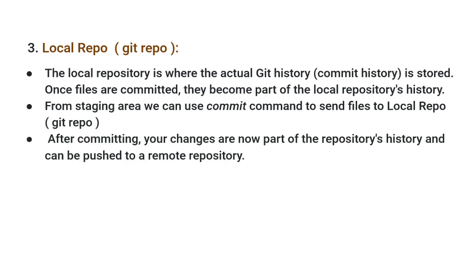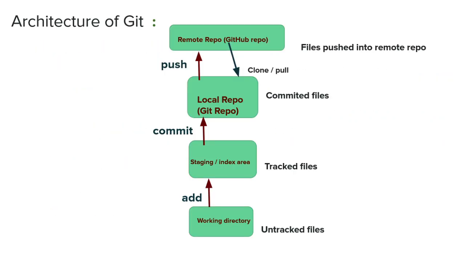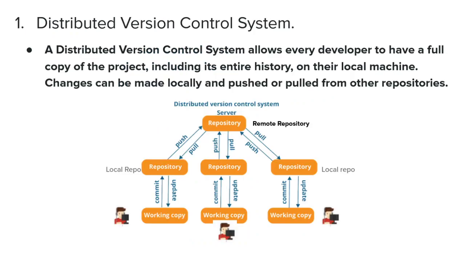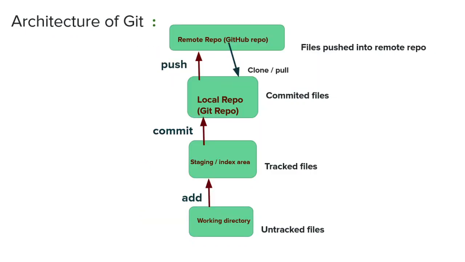We have seen the overall architecture of Git and GitHub, that is, the remote repository, and the working directory, staging area and local repository. These three parts are present in the developer's local machine itself. They can work offline within these three components.